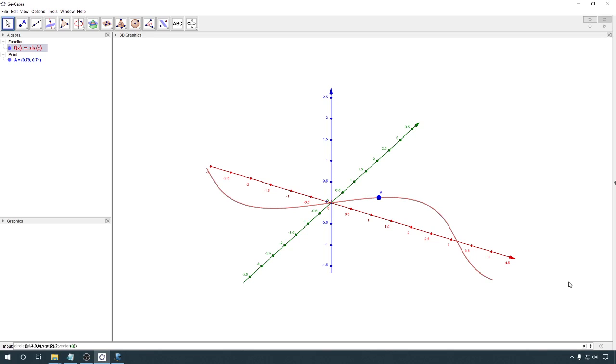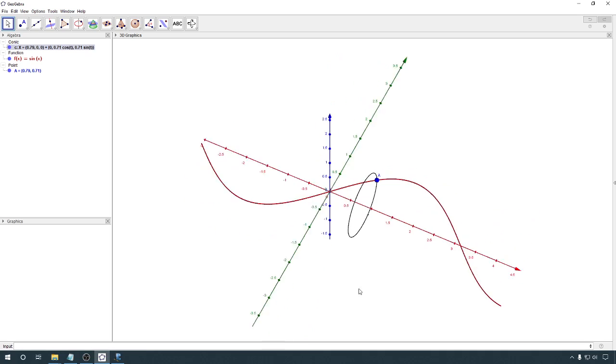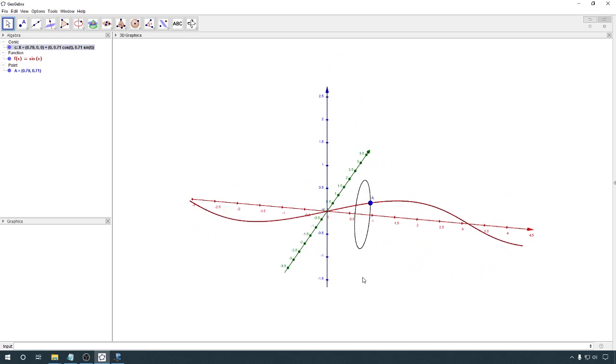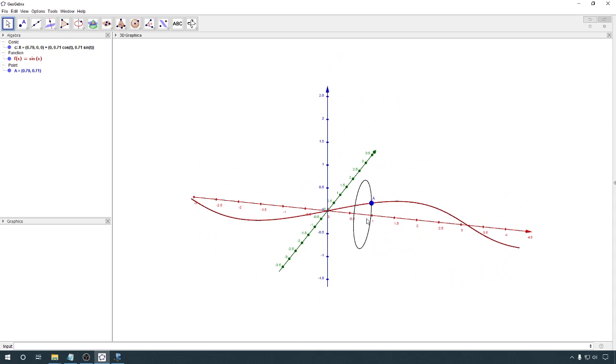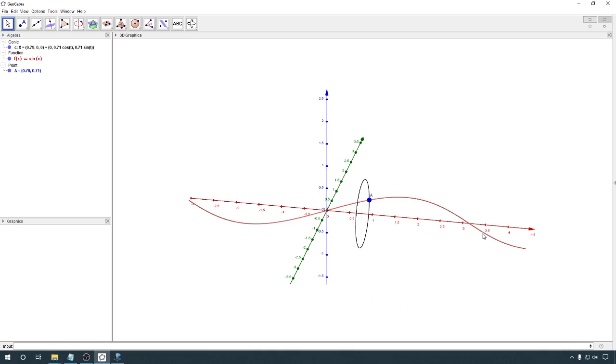So I'm going to take the vector i, and that'll give me a circle centered on the x-axis, parallel to the yz plane through that point. And that circle is supposed to be on my surface. In fact, if I were to move that point along this, I should have a multitude of circles with different radii moving along the x-axis.